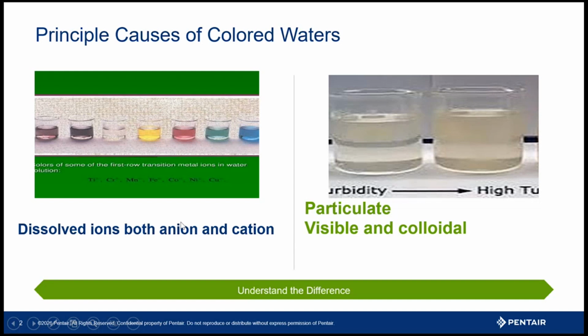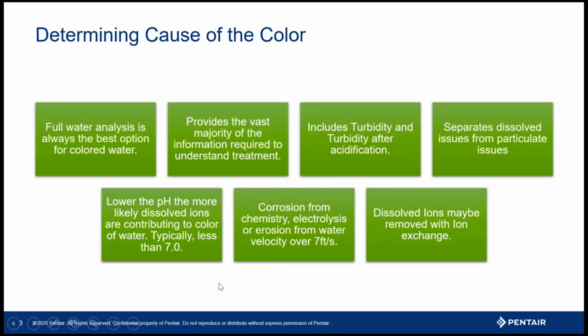And colors can come from anions and cations. One of the common anions with color that you may deal with are tannins. They tend to be a collection of different acids that you're looking at in the water, but those are negatively charged organic anions. So for determining the cause of that color in the field, really the best solution for dealing with colored waters is getting a full lab analysis.